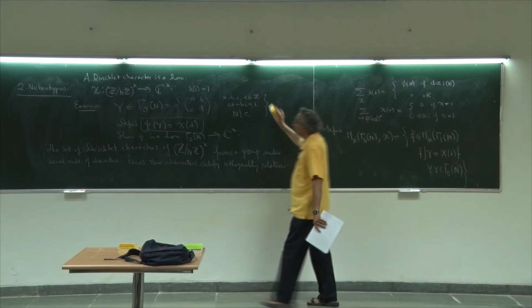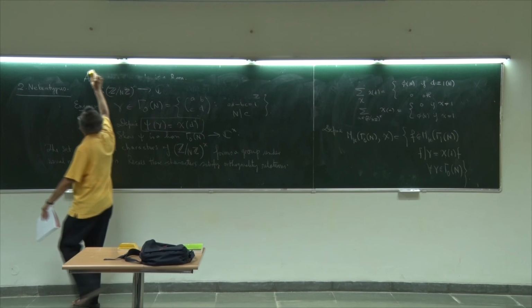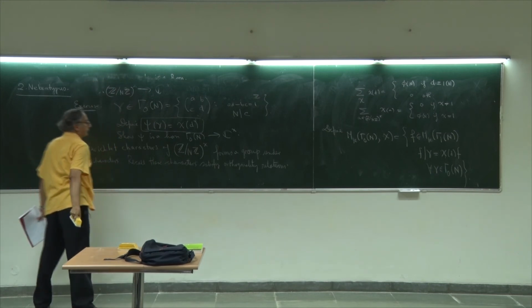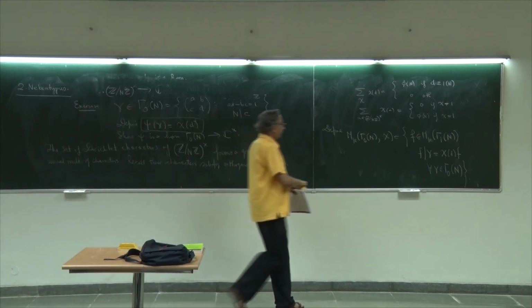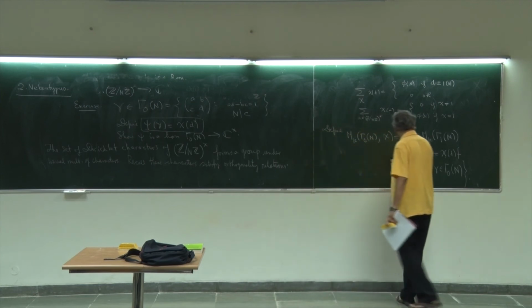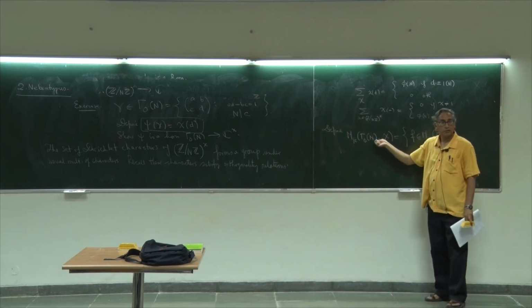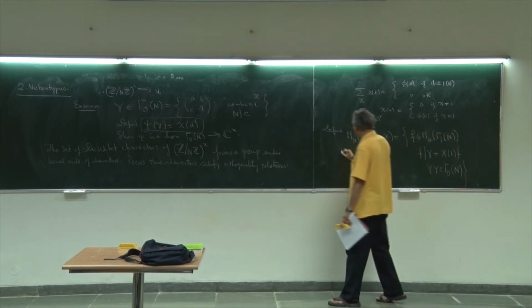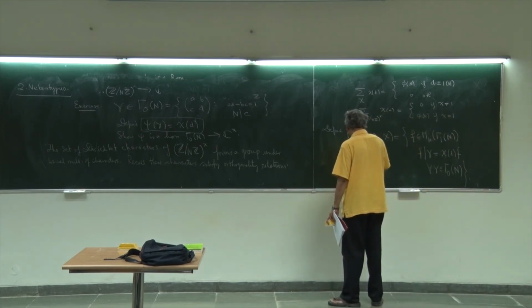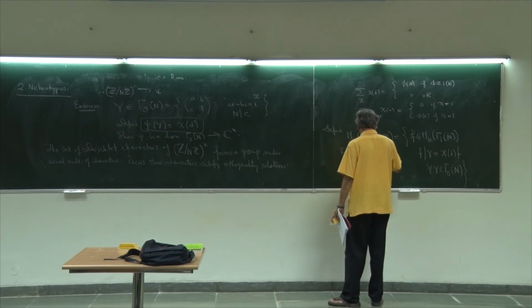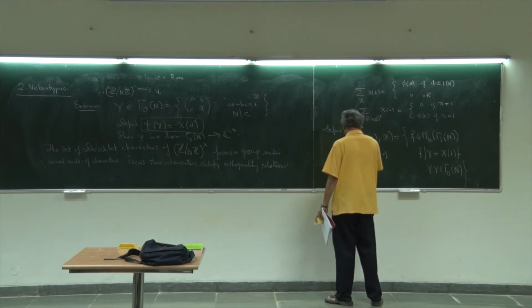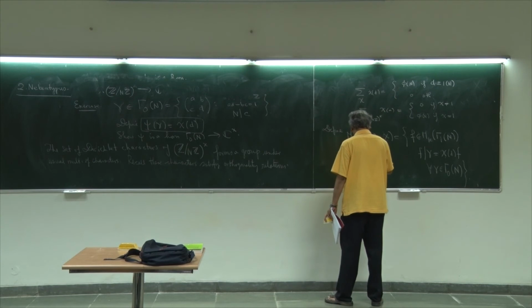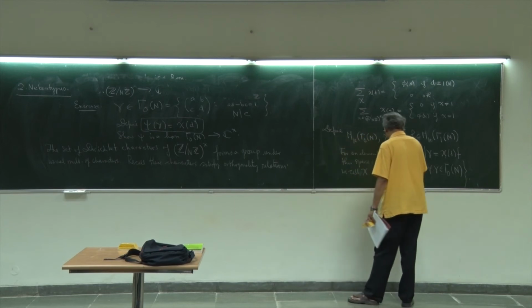If we have an element of this space, the chi that corresponds to the form is called the Nebentypus. So for an element of this space, we call chi the Nebentypus.